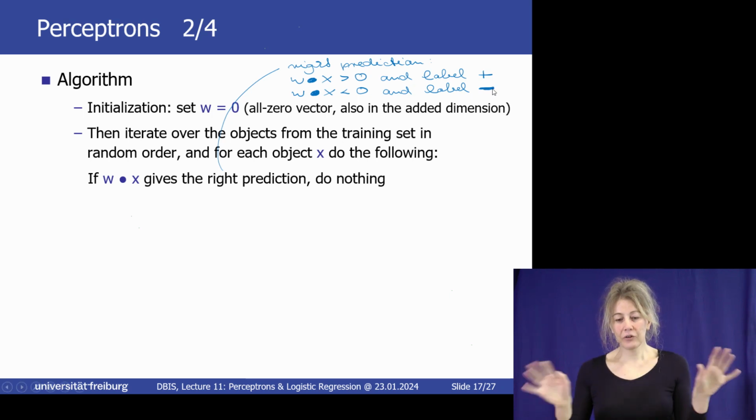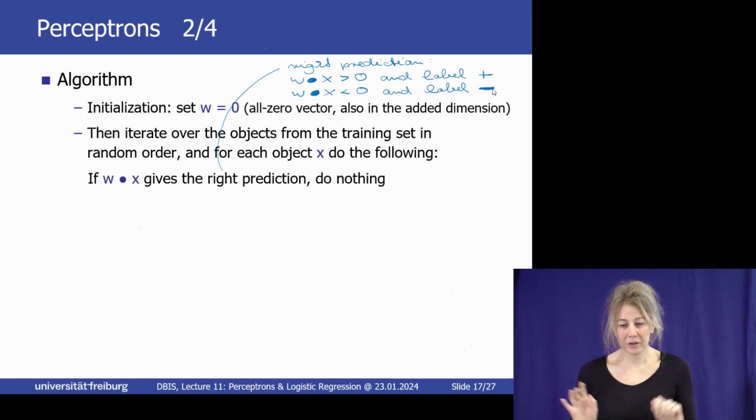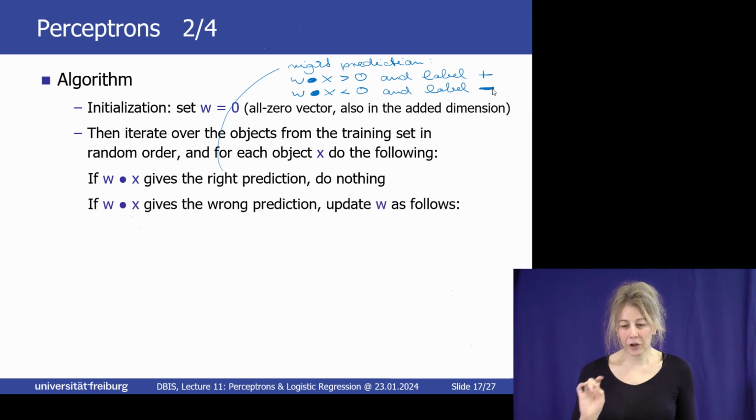In that case, we do nothing. Then it's right. We have our hyperplane, it has a normal vector, we see a point, and we just check. Oh yeah, it's on the right side of the hyperplane. So the hyperplane is fine for that point. We do nothing.